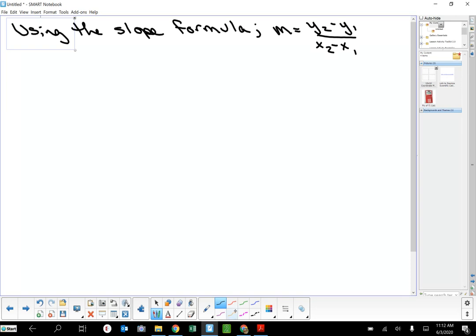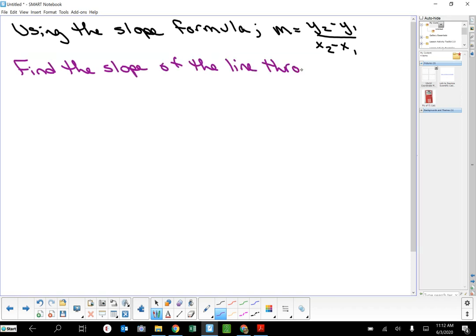All right, here's an example of a problem. Find the slope of the line through the points 1, -5, and 3, -3.